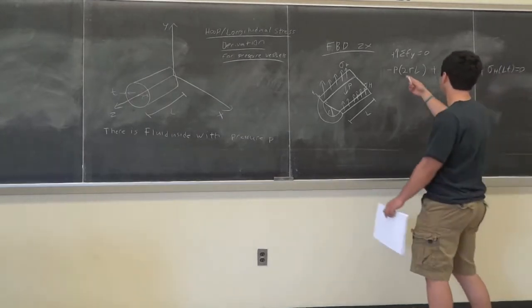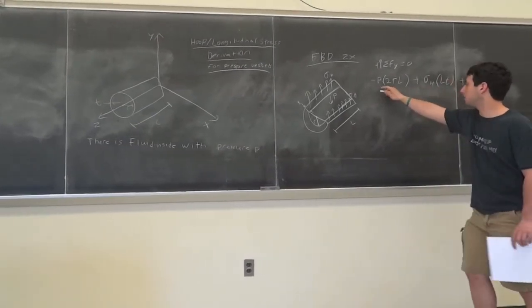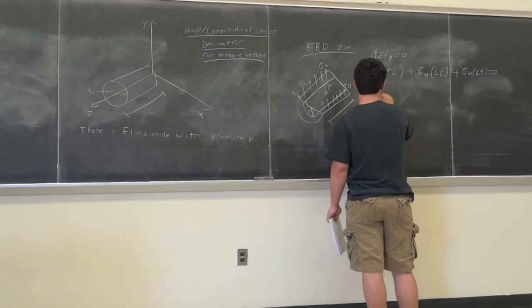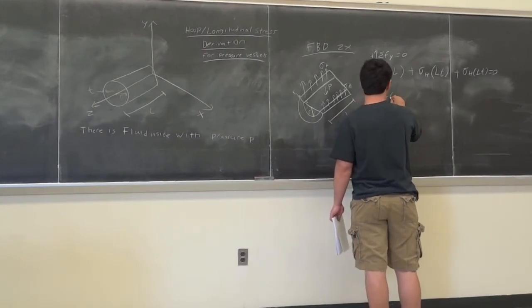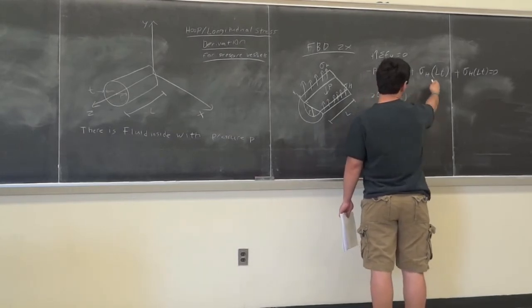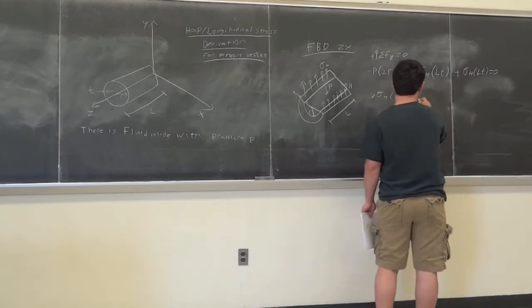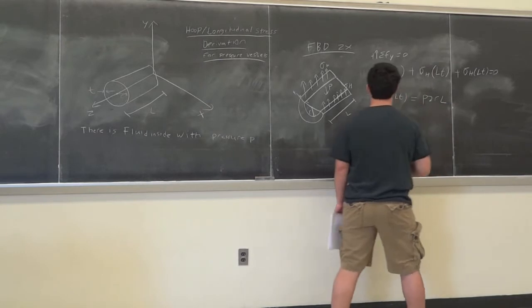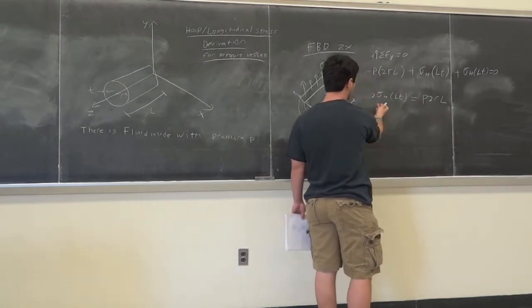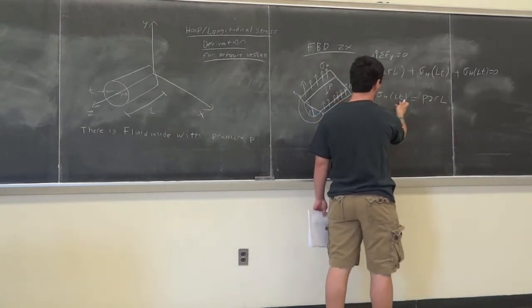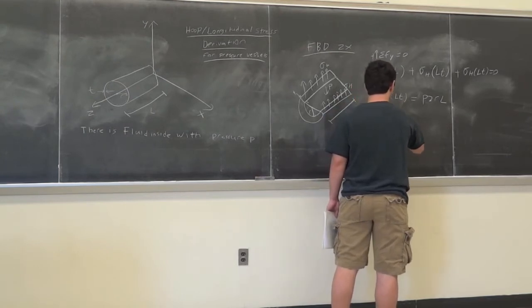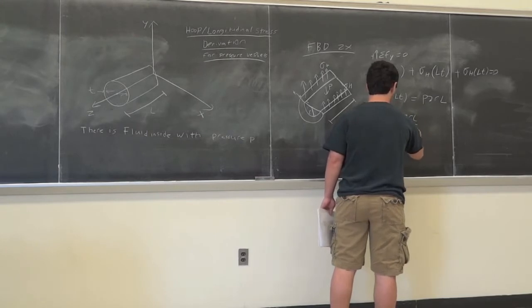So you could move this term to the right. You have 2 sigma h times LT, right? That's what this term is equal to, P 2RL, right? And we want to solve for sigma h, so you divide by 2LT.